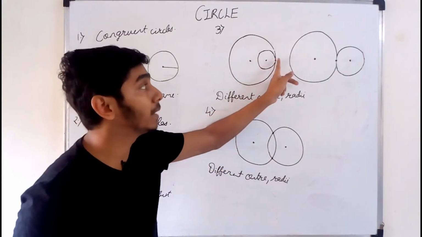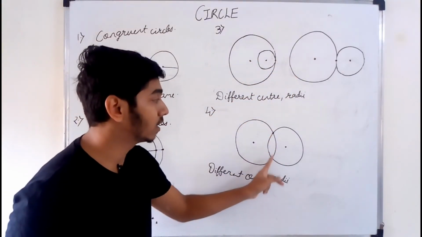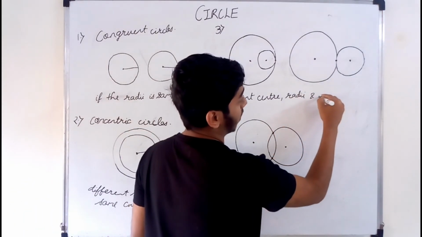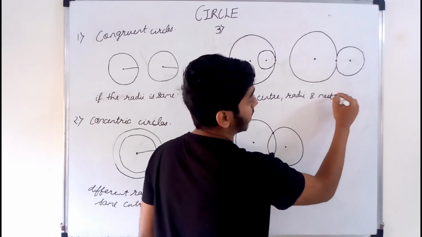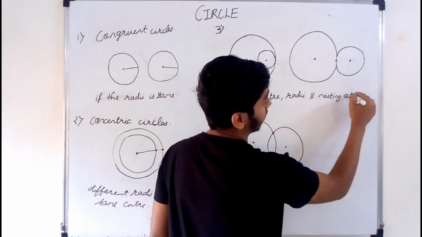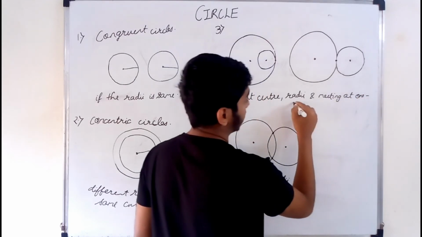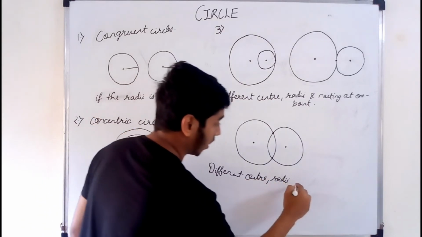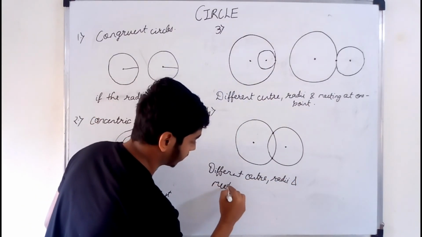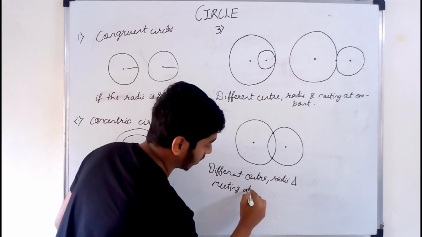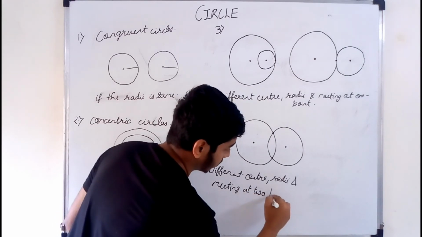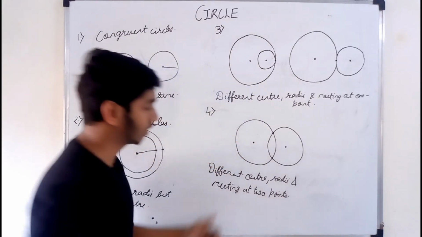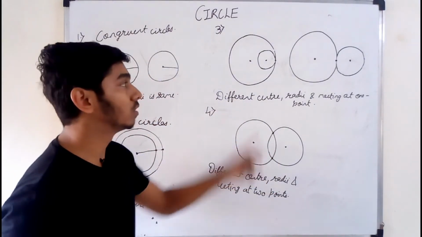Here the two circles are meeting at 1 point, but here they are meeting at 2 points. So that's the difference between these two types.